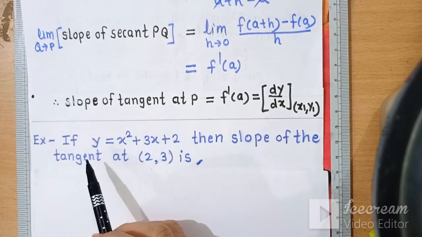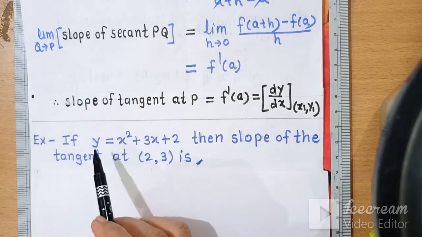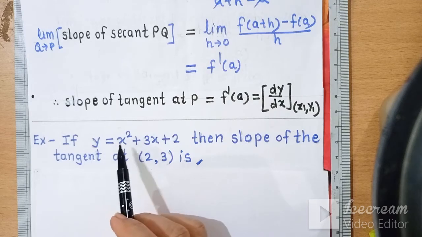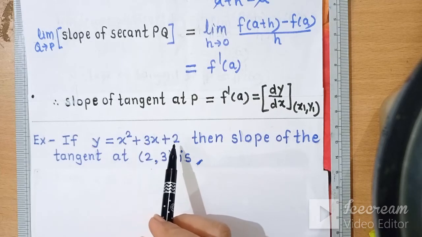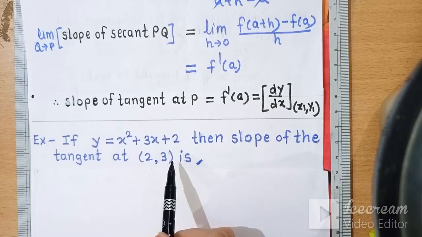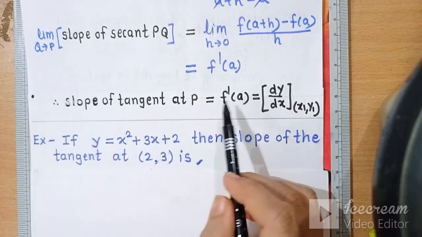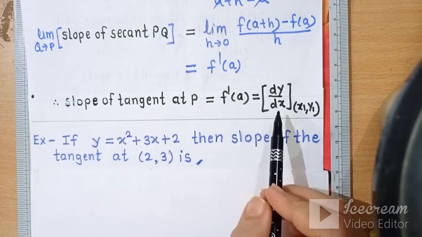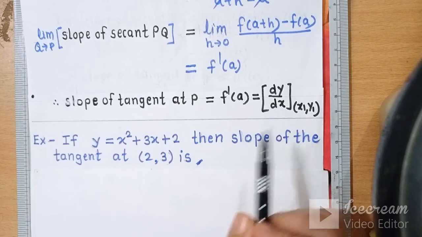Now let's solve this example. Here the function is y is equal to x square plus 3x plus 2, and we have to find the slope at point (2, 3). We know that slope is nothing but the derivative of the function at the given point.